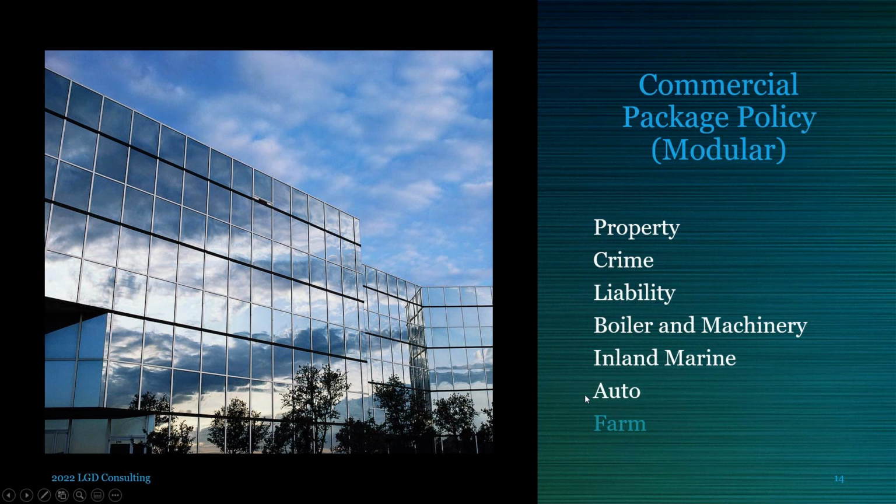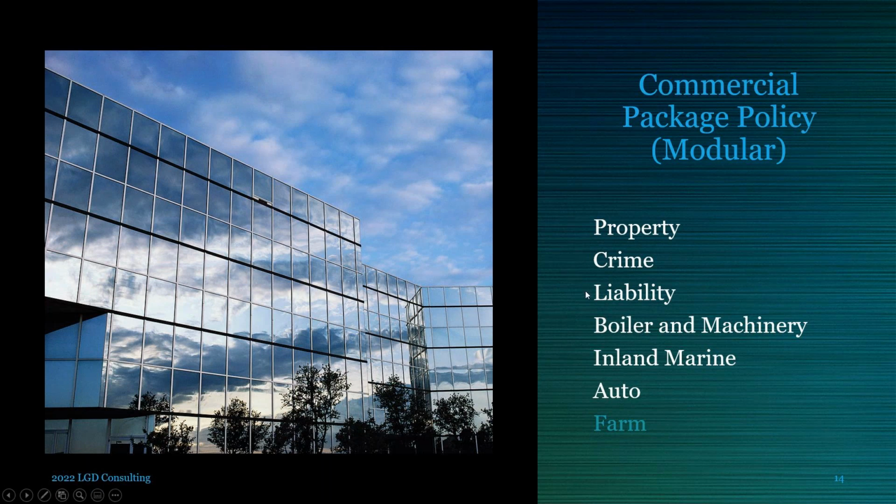Now, a commercial auto could actually be written as a monoline policy, like an auto repair shop. You can just get the commercial auto policy to cover the repair shop. So that's just one line. But if you get two or more, like this building is more than 6 stories, then you want property. You want theft coverage. Now in commercial, instead of calling it theft coverage, we call it crime coverage. Same thing. Someone could steal your stuff. Liability, right?